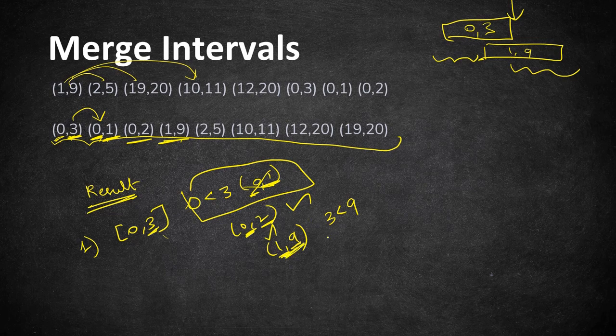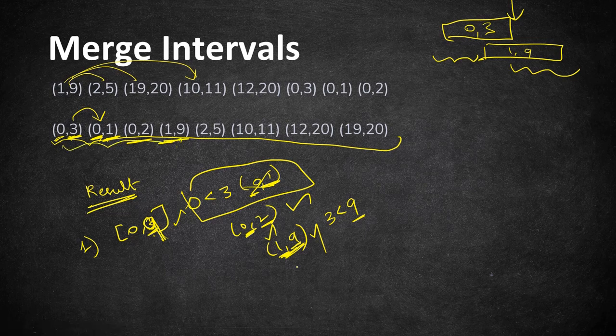So we simply update with whichever is the greatest between these two intervals, 0 comma 3 and 1 comma 9. 9 is the greatest, so we update this interval to 0 comma 9. We did not add anything, we just updated the existing one, and we have all 4 intervals covered right now.